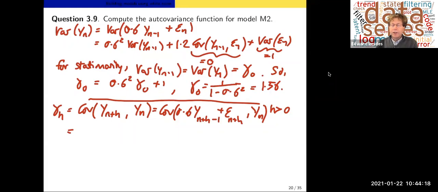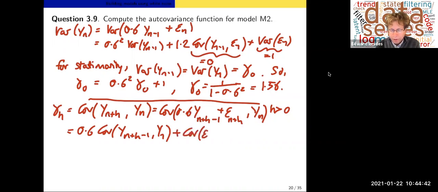And then I'm going to expand the covariance. So this is 0.6 times the covariance of yn plus h minus 1 with yn, plus the covariance of epsilon n plus h with yn.